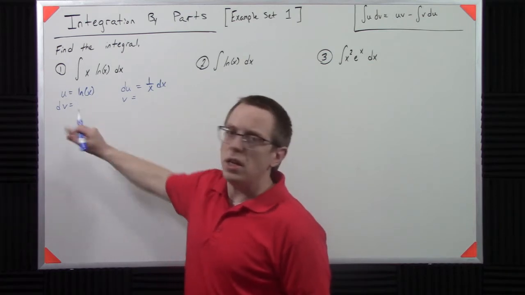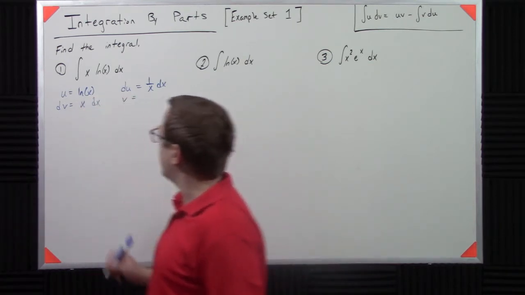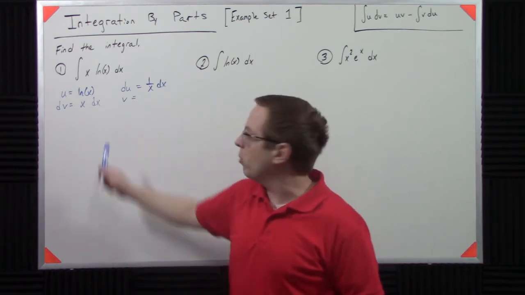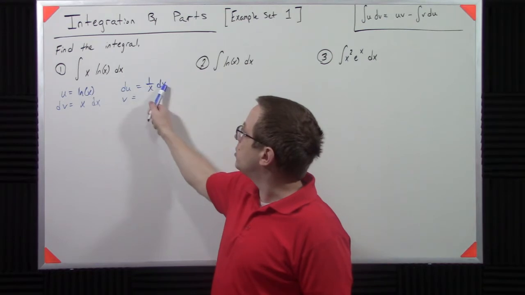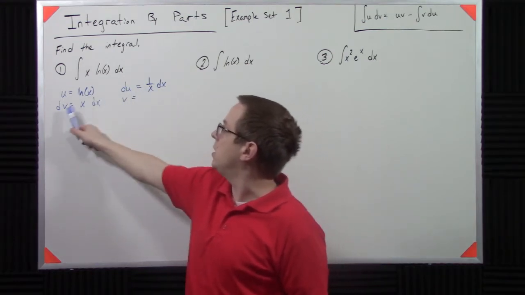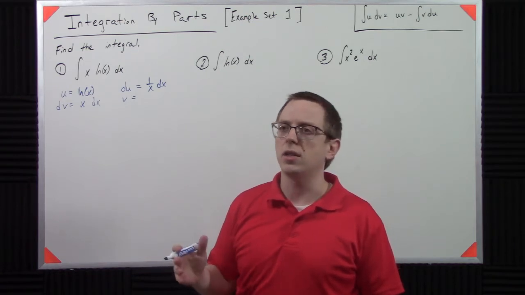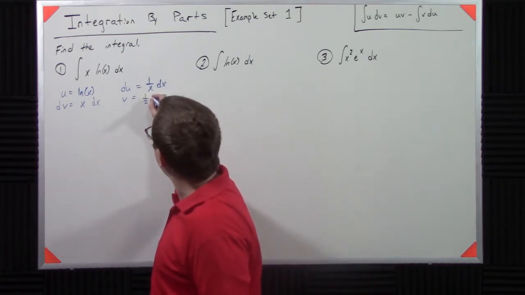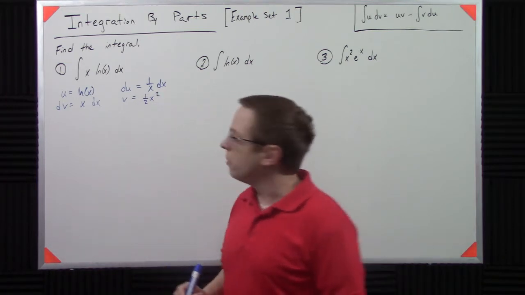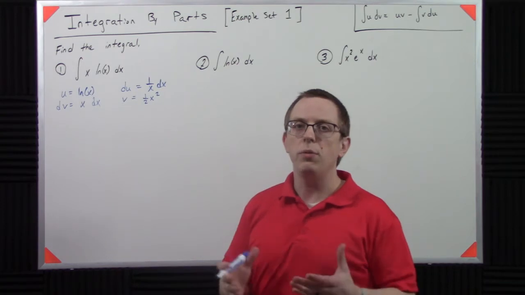And dv is going to be x dx. So again, remember we take whatever's left, and the d's should always match: du, dx, dv, dx. So then we take the antiderivative of x. Well, the antiderivative of x is 1/2 x squared.